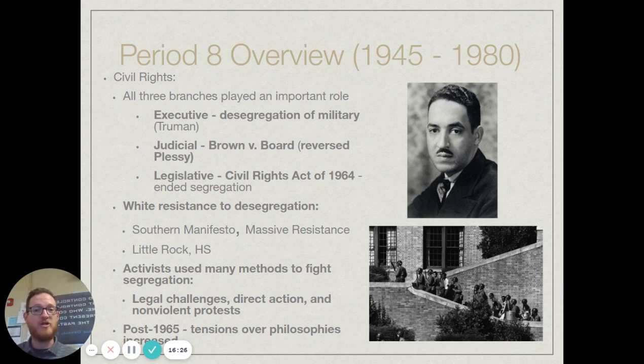You'd also have the March on Washington during this time, which brings more exposure to the idea that African Americans needed to have their rights guaranteed just as everyone else did.